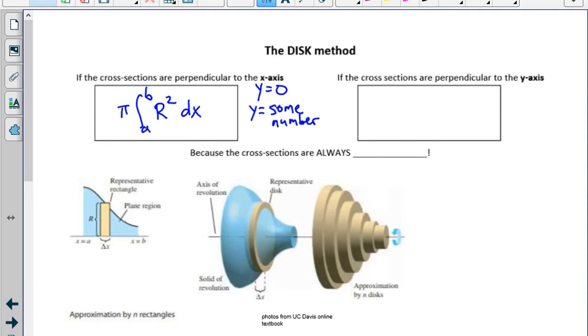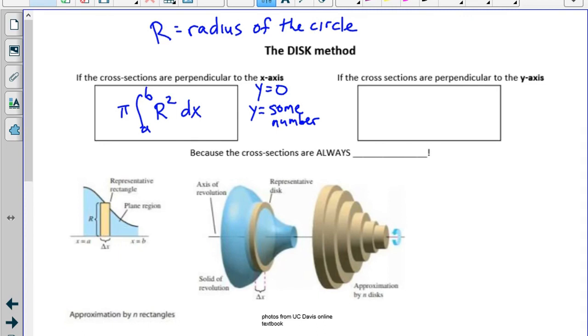Now, oftentimes, r, in this particular case, is just a function, especially if we're doing it around an axis. But we have to be sure that our radius is actually the radius of the circle, and that's going to come into play as we move on into example 2.